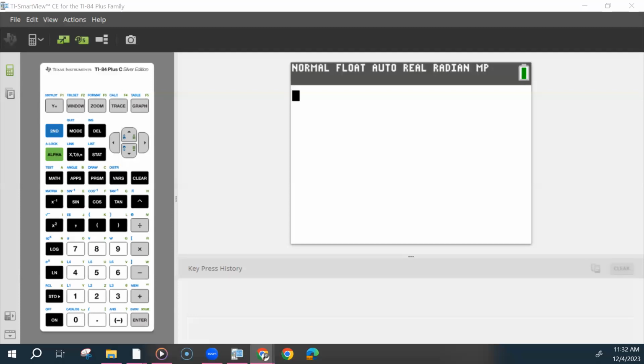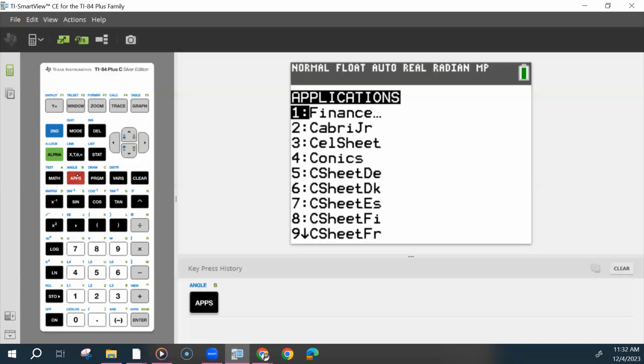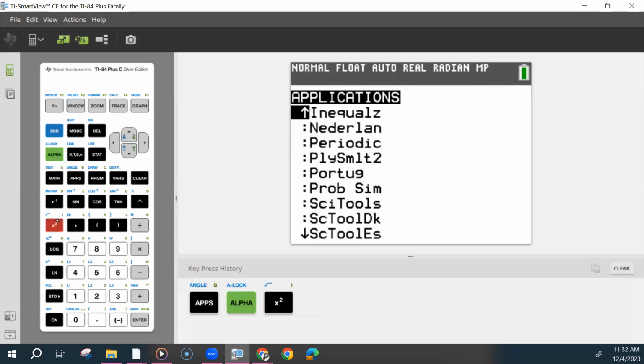So we're going to go to the same place. Some of yours might already be in this, but it depends. So go into apps. Go into inequalities. I fixed a bunch of the calculators last time, but if you still don't have inequalities, raise your hand so I can grab that calculator.